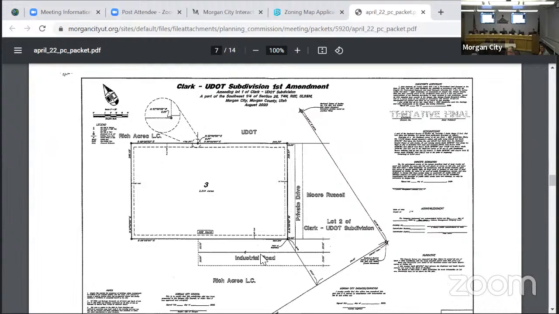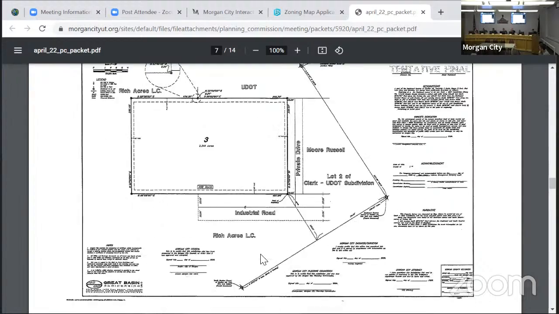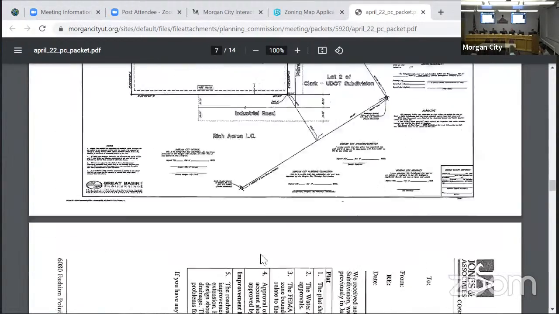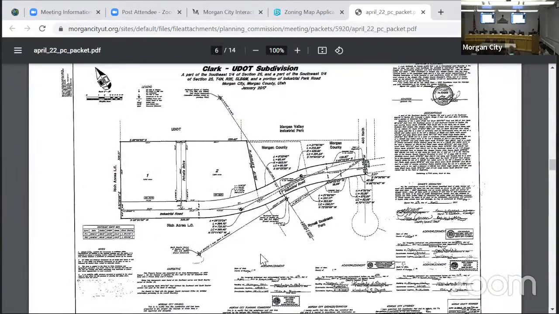If I may, just so everyone's aware, when this subdivision went in a dozen years ago, probably a little less, somehow through the whole process, it got missed that UDOT did not extend the road all the way to the end of lot 1. They ended it just barely past their driveway. It didn't make it all the way to the end of lot 1, which it should have, but it just got missed somehow.